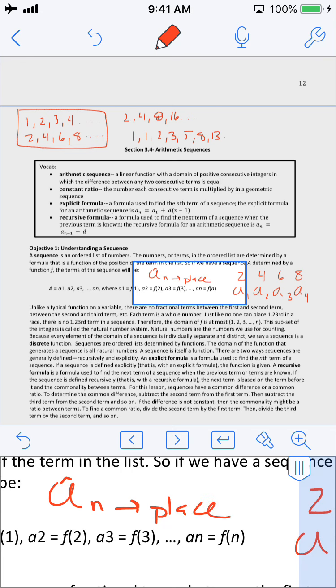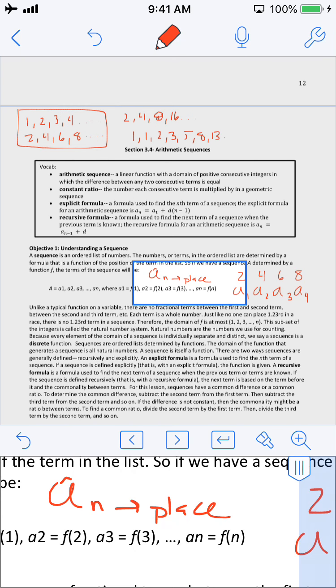First place, second place, third place, fourth place, fifth place, right? So if 2 is the first term, then n is 1, but a1 is 2. So a is referring to the actual number sitting in that place, where the little subscript, the little n, that's going to be the place value. So it is the first, the second, the third, the fourth.